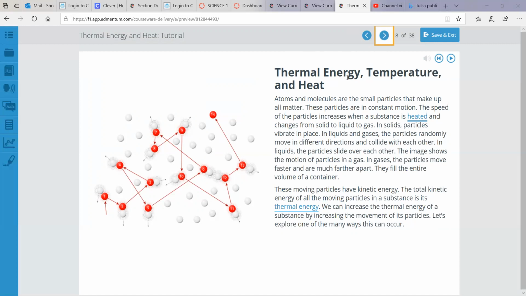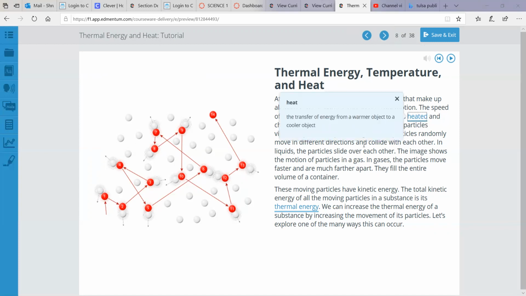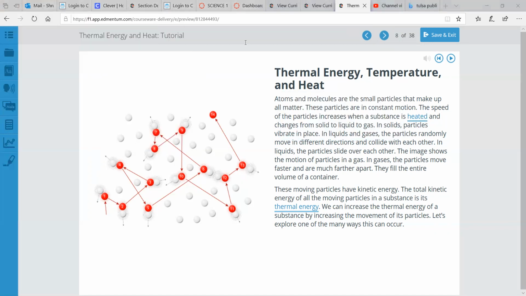The speed of these particles increases when a substance is heated and changes from solid to liquid to gas. And that term heated is the transfer of energy from a warmer object to a cooler object. That's how we are going to explain it for now.